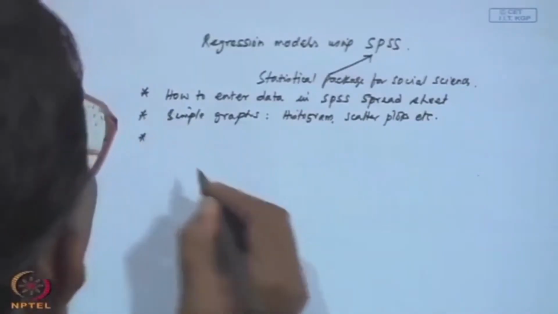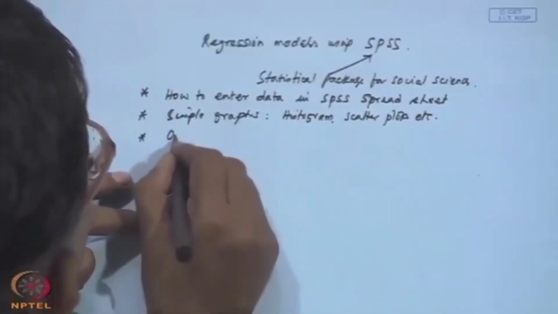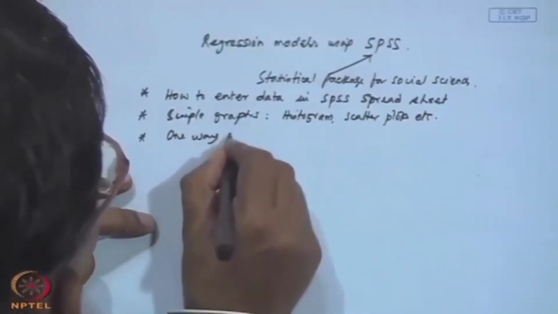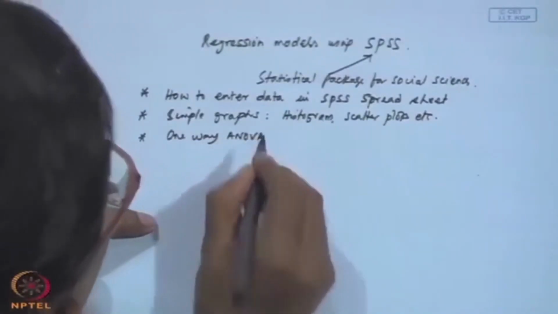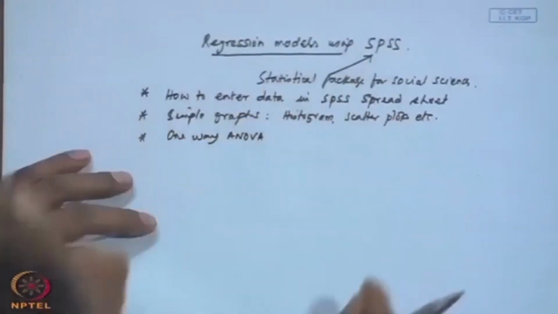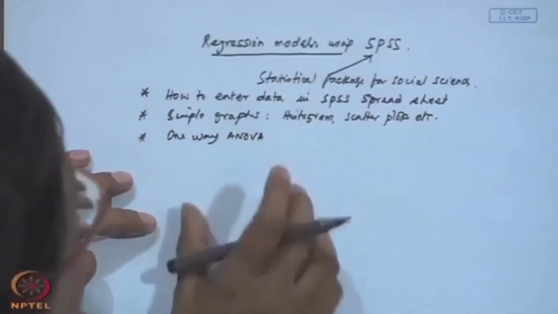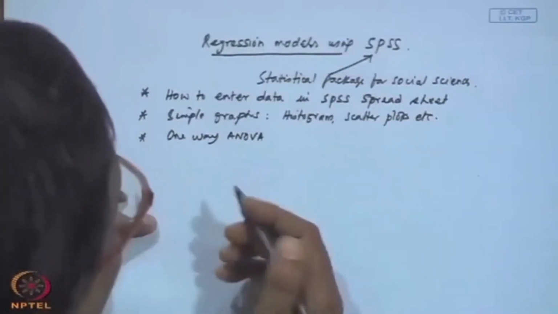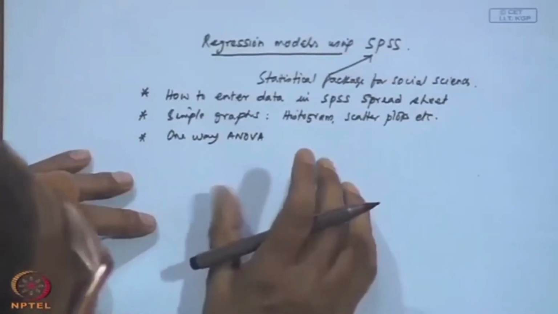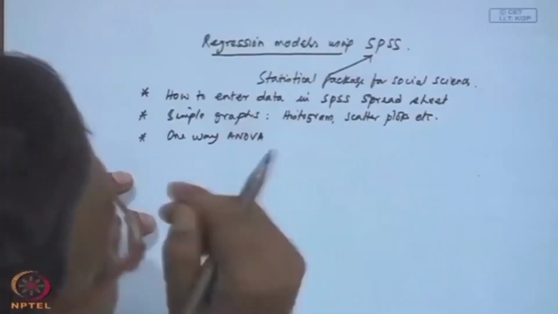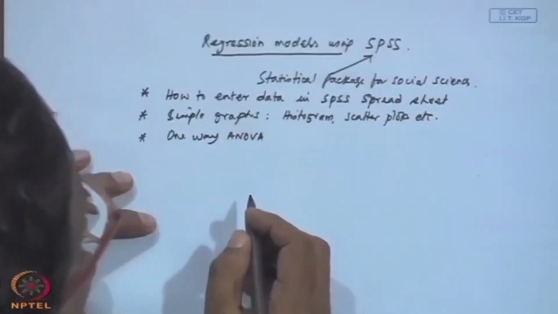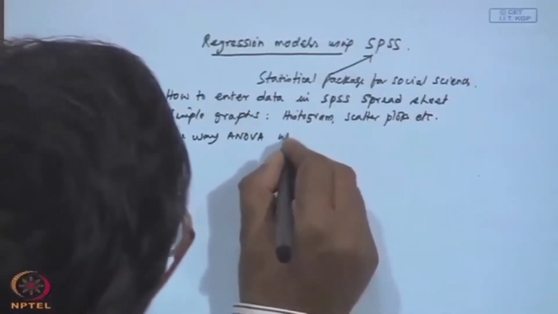Then I will show you one-way ANOVA. Although the topic is regression models using SPSS, this is the first model class we have taken, so one-way ANOVA using SPSS.